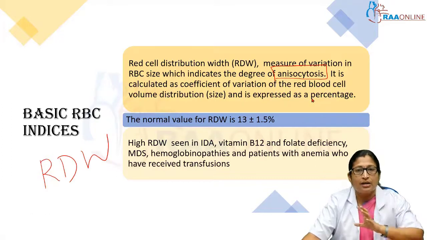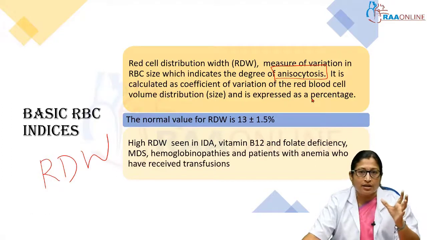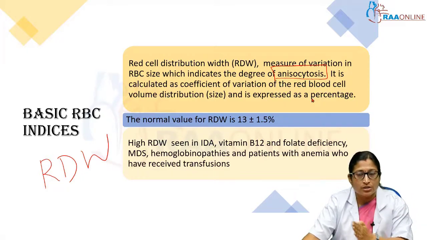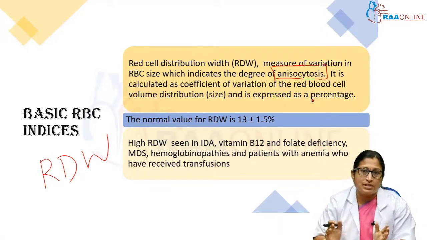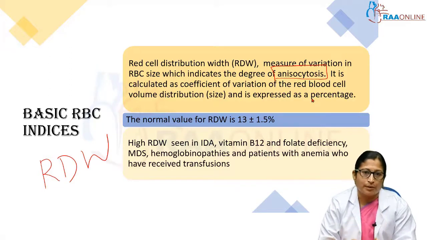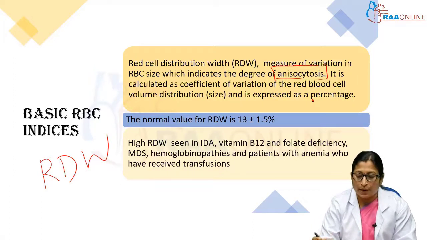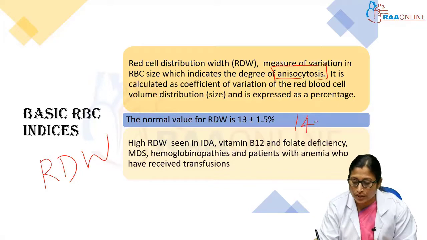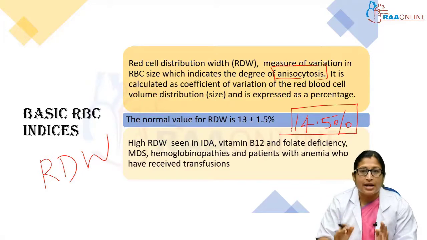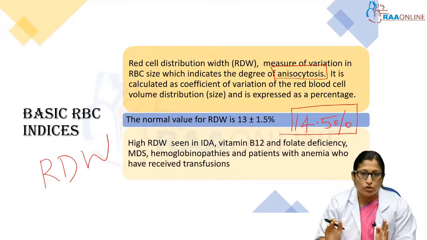Somebody who has an elevated red cell distribution width will show, on the peripheral smear, a lot of cells with variable sizes. That is, there is anisocytosis. The normal value for red cell distribution width is 13 plus or minus 1.5, so the upper limit of normal is 14.5%. Any value above 14.5% we consider as elevated red cell distribution width.